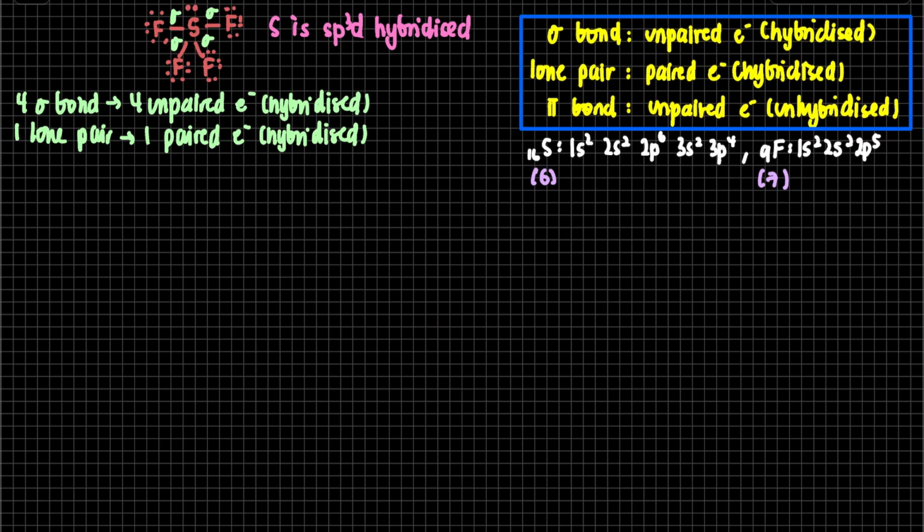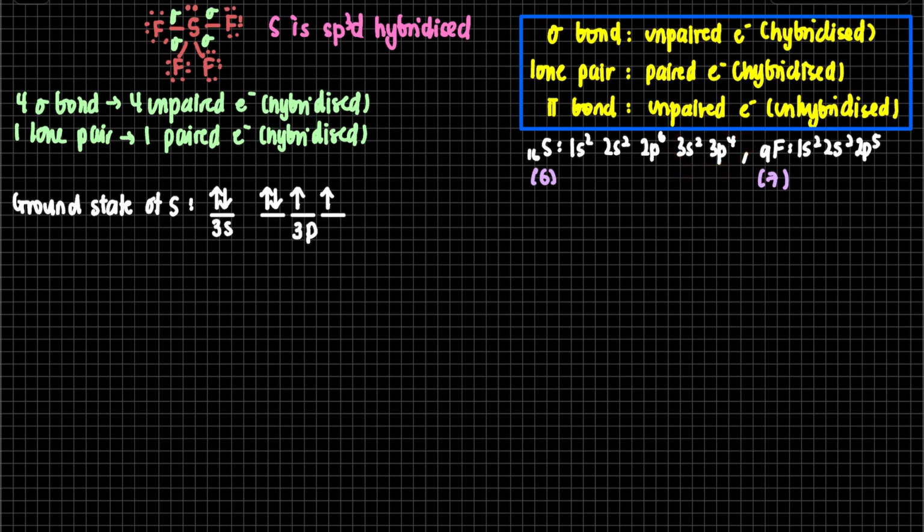First again, we must refer back to the electronic configuration. For the ground state, sulfur, we know that this is the electronic configuration and it has 6 valence electron. Usually for the hybridization process, we're only concerning ourselves with the valence. In this case, n equal to 3. So our 3s2, 3p4.